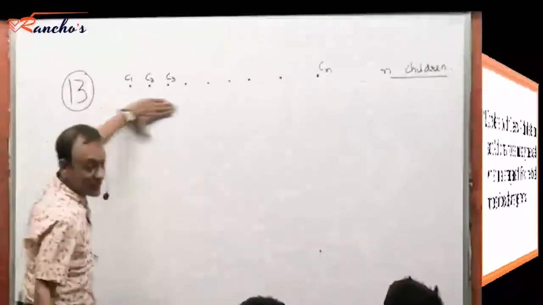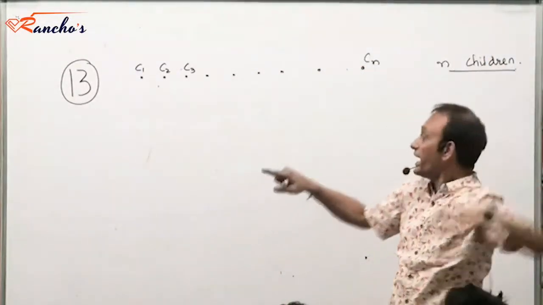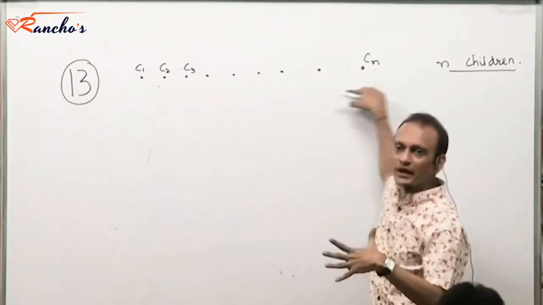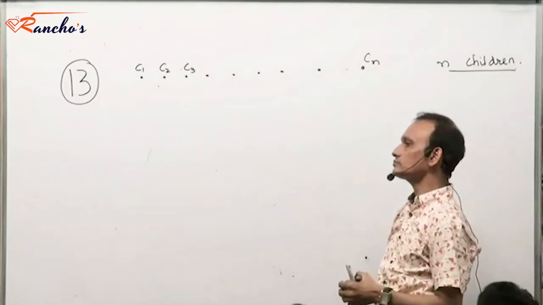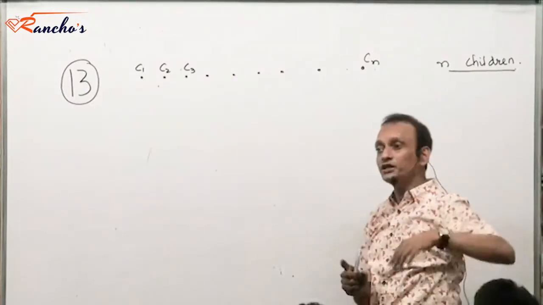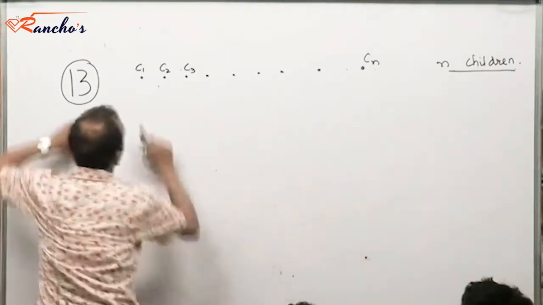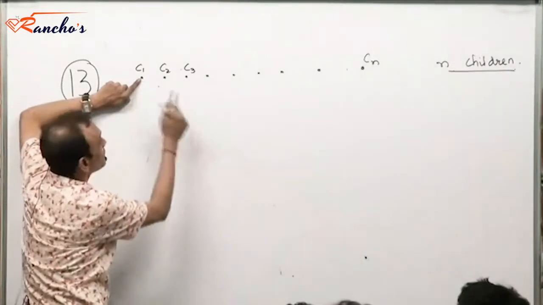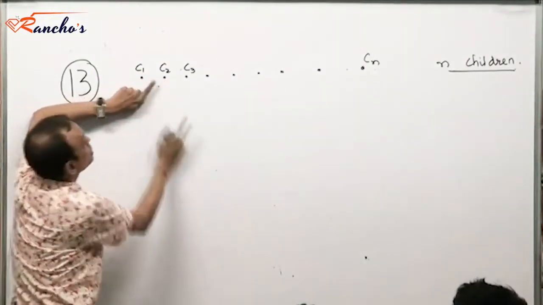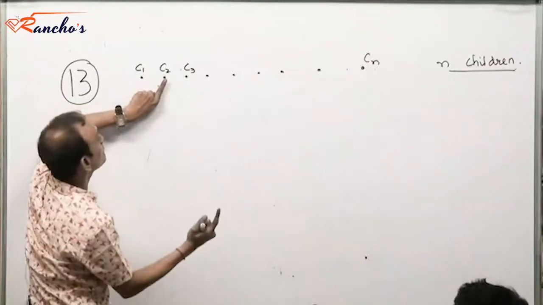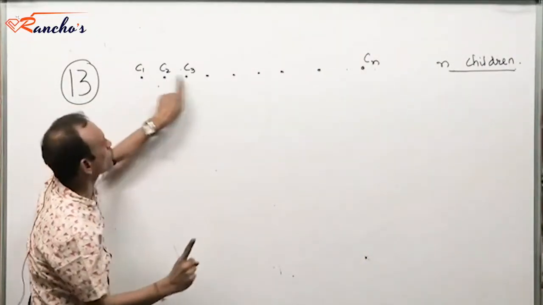So in this problem, there are n children arranged in a row, and there is an initial arrangement which is part of the count. Now, any other arrangement would be acceptable where C1 can only occupy either this state or this state. C2 can be only one unit displaced from its original state, either here or here.